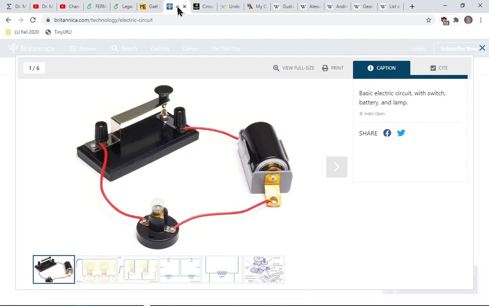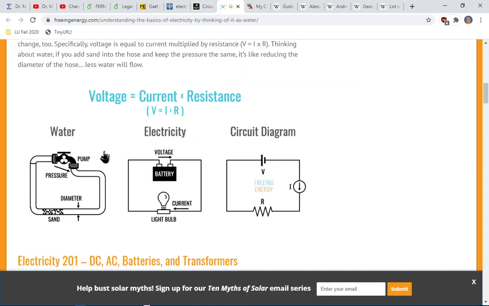Now sometimes to understand the situation with these electrical currents, they make a parallel to what you might have in your backyard with a pump and a hose and such. So if you have a pump and you're pumping water through a hose, and perhaps there is some obstruction in that hose, anything like say sand, you will have pressure dropping across that obstruction until it comes back, and then you have a cycle here.